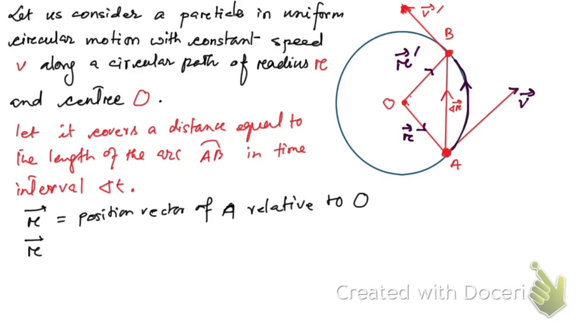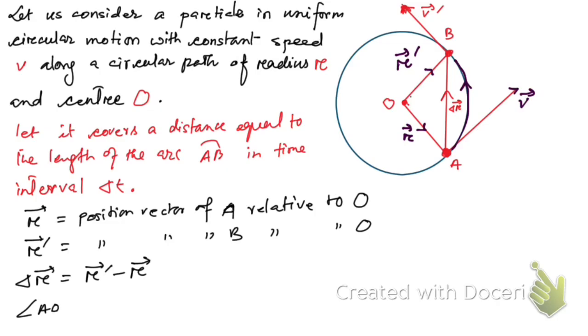So we have considered the position vectors r and r dash. r is the position vector of A relative to O, and r dash is the position vector of point B relative to the center O. So this displacement del r will be given by final position minus initial position. And let us consider this angle AOB is equal to suppose del theta.